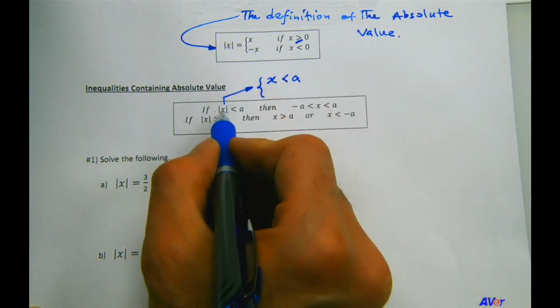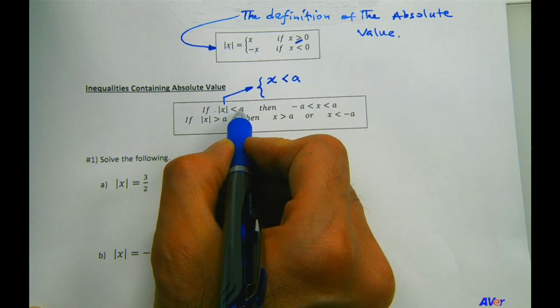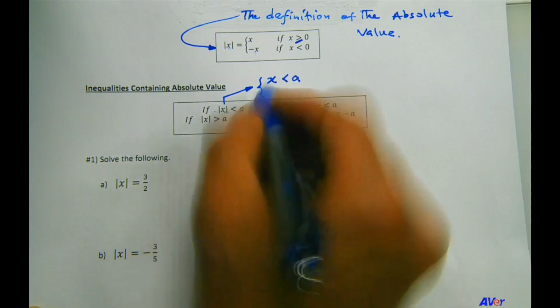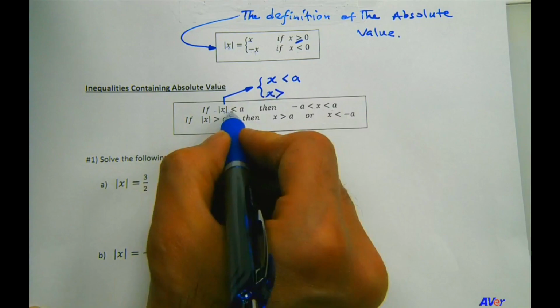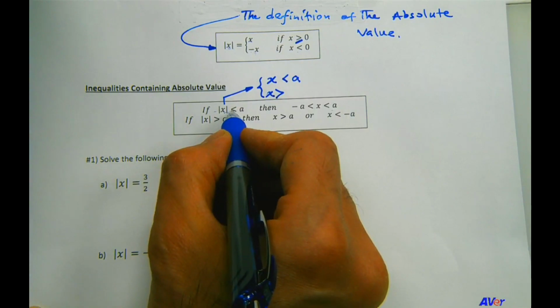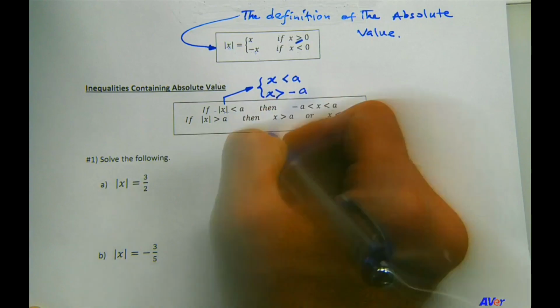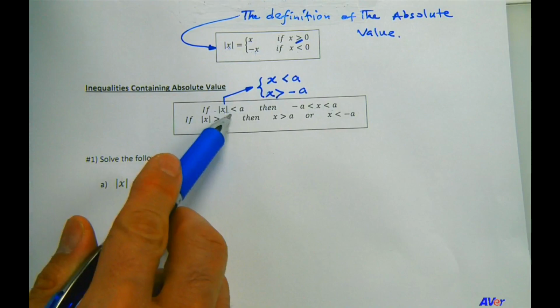The other solution comes from multiplying this a by -1. But that's also multiplying this inequality by -1, so it will change direction. So we'll have x greater than, right? x greater than minus a. So I'm applying the absolute value definition to an absolute value inequality.